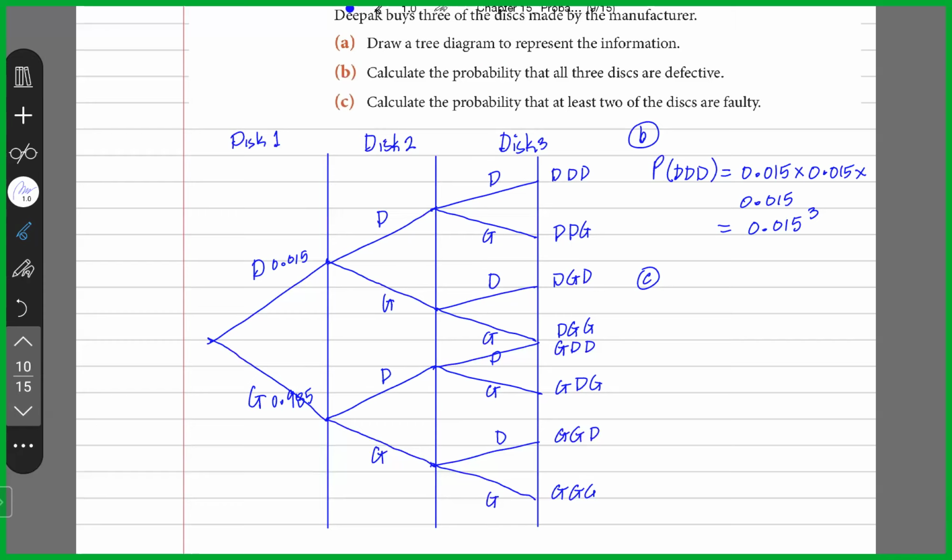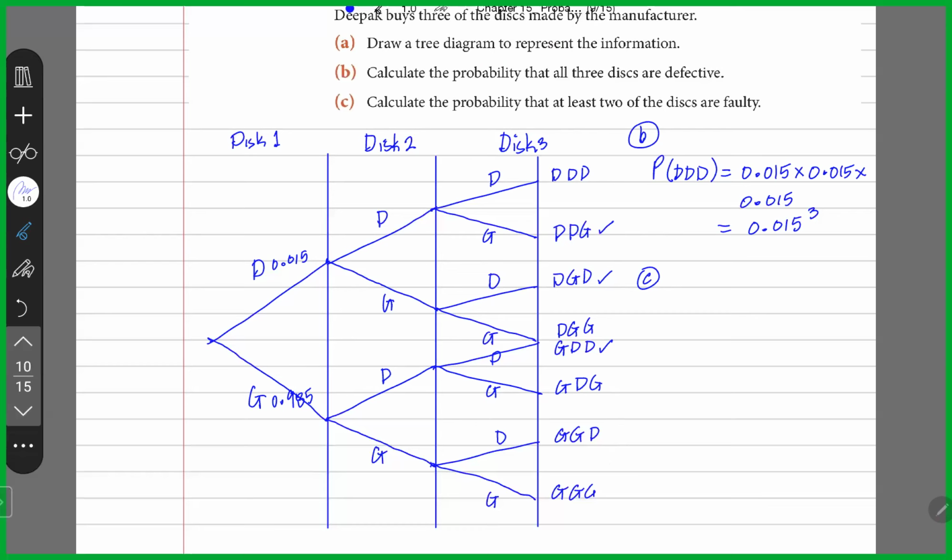All right, so the probability of 2 defective and 1 good. So let's identify the amount of times we have 2 defectives. We have 1, 2, 3. It's only 3 times, right?